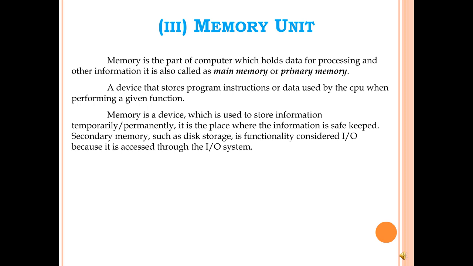Memory is a device which is used to store information temporarily or permanently. It is the place where the information is safekept. Secondary memory, such as disk storage, is functionally considered I/O because it is accessed through the input-output system.